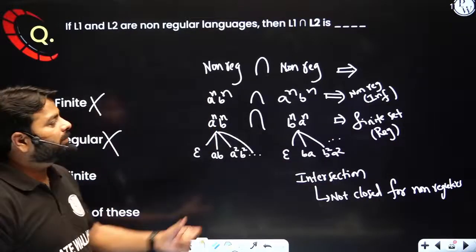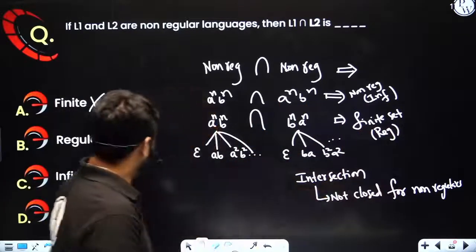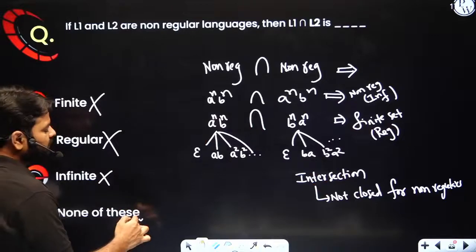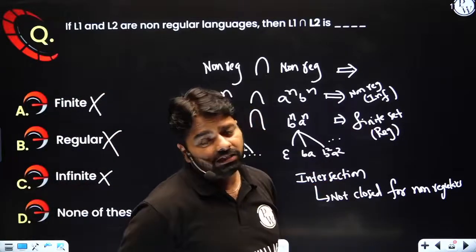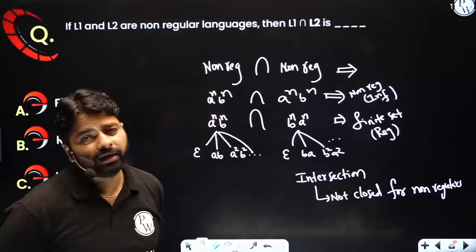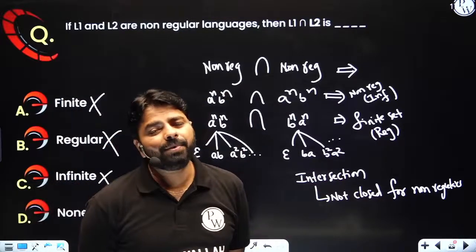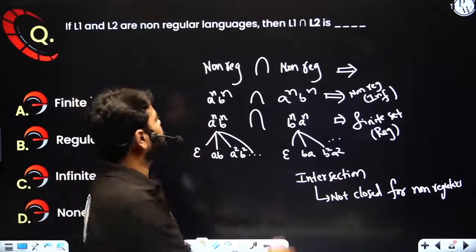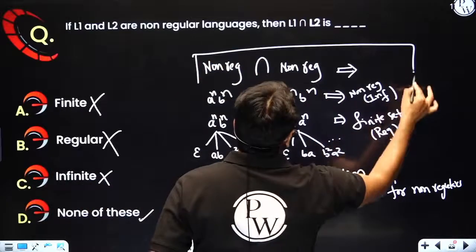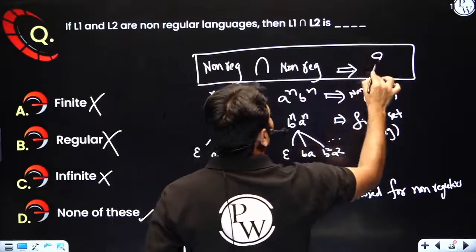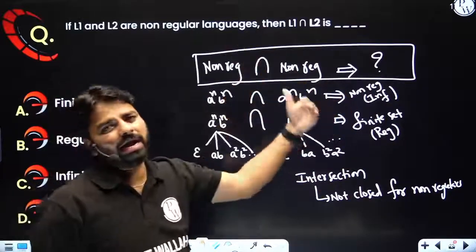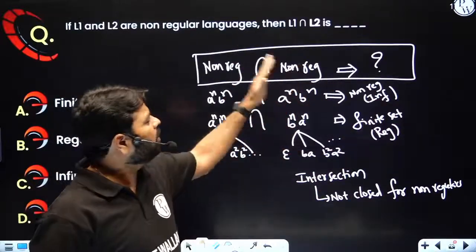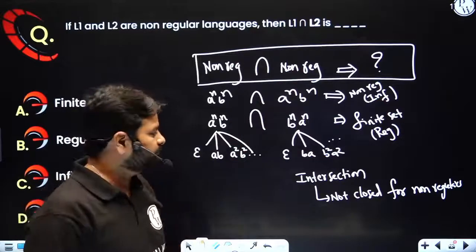Infinite is wrong because sometimes the result can be finite. So what is the right answer? None of this. Non-regular intersection non-regular could be anything. It may be finite, may be infinite, may be regular, may be non-regular. So this is really a question mark. It could be anything. That's why I have written a question mark. It depends on what non-regulars you take.